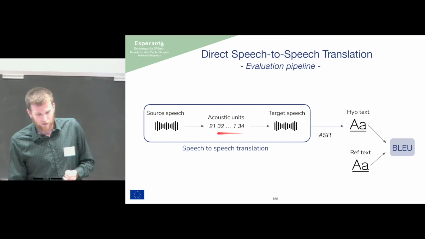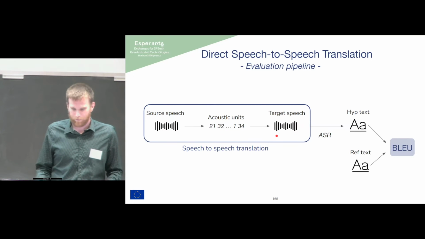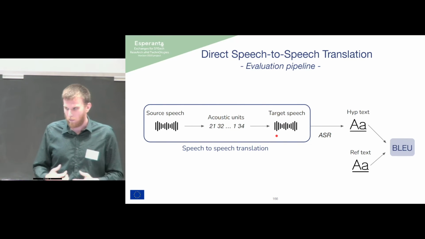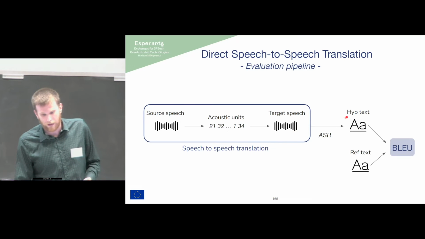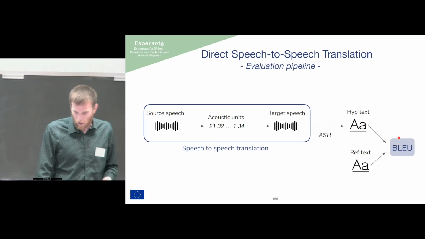With those acoustic units and the HiFi-GAN model, we generate the target speech. In order to get the BLEU score, we run an ASR system on top of that target speech that generates a hypothesis text, which is compared using the BLEU score with the reference text. So this is the BLEU score we're going to be using to show our results.